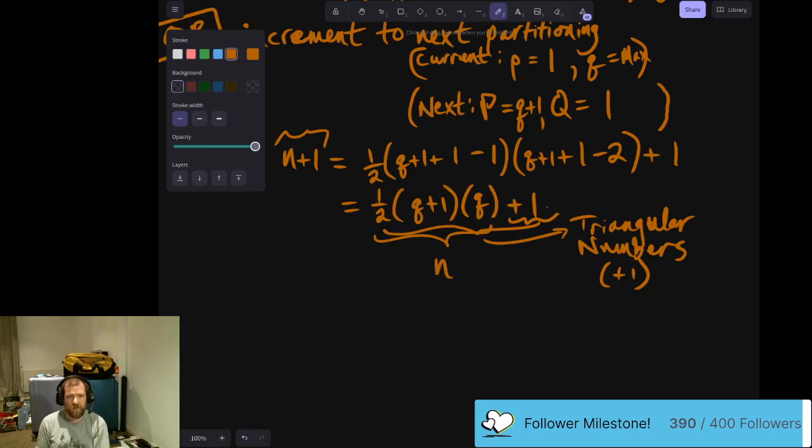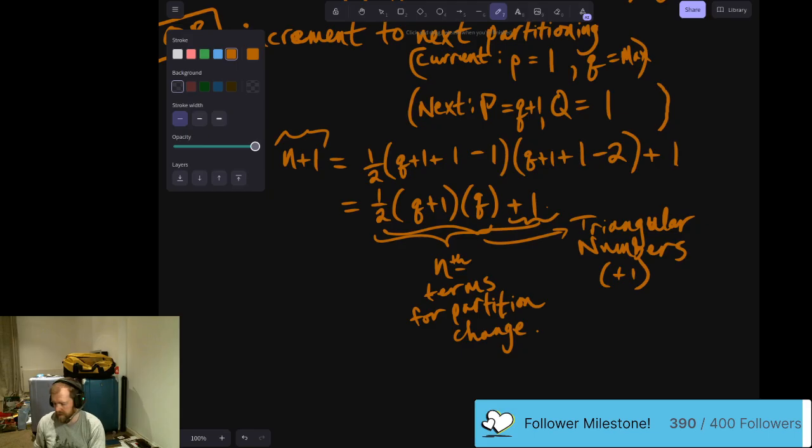Right, these are n. Right, the nth terms for the partition change are going to be all those triangular numbers, and then plus 1.